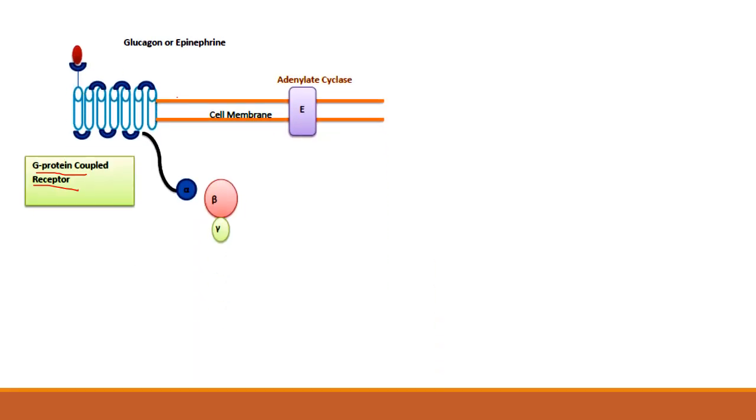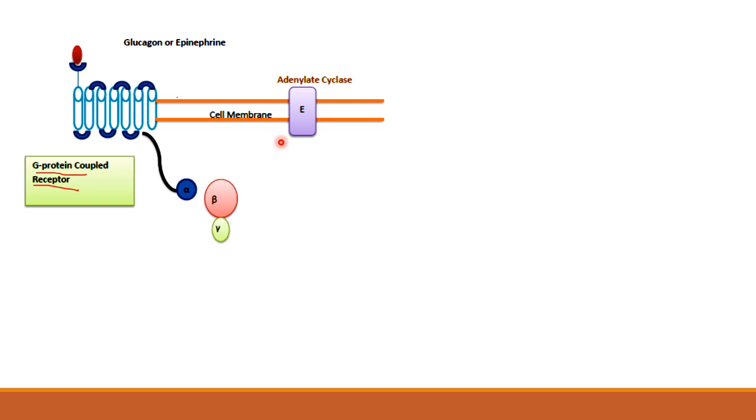Now let us check what happens. Glucagon or epinephrine will act via the serpentine G protein coupled receptors. So this red marked oval is the glucagon or epinephrine that will act on the G protein coupled receptor, and once they act on it, they will activate the membrane bound enzyme, adenylate cyclase.